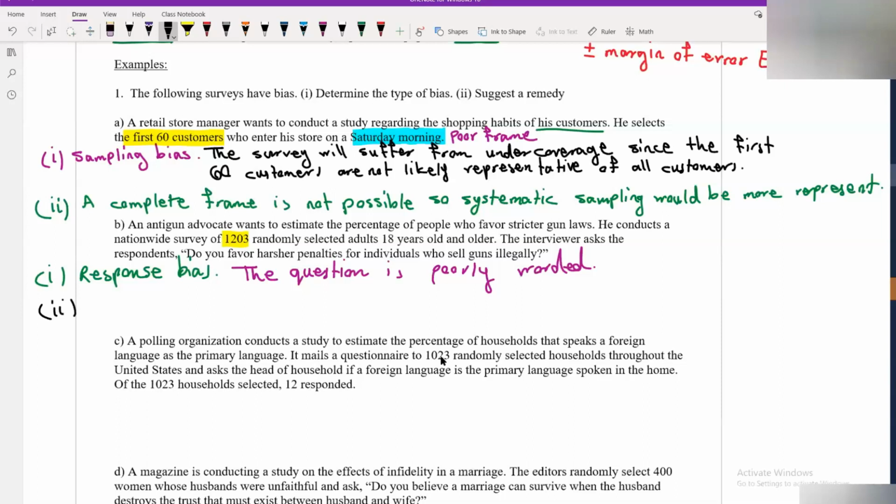It's simple to write this in other words. Instead of do you favor, we can say do you approve or disapprove.